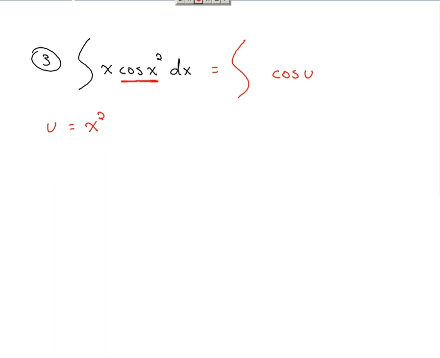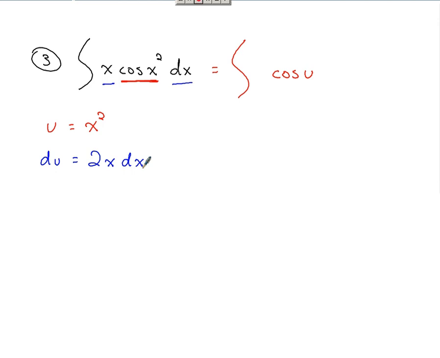I still need to replace this x and this dx in this new problem I'm forming. So now this is where I take the derivative of my equation for u right here. So the derivative of u, 1 du, equals the derivative of x squared, 2x dx.